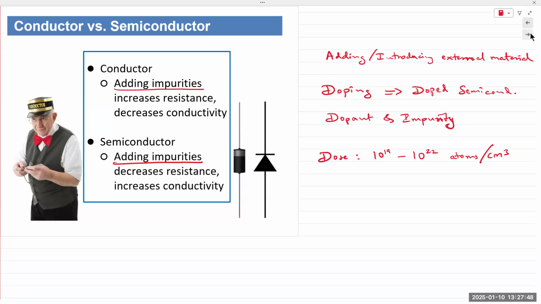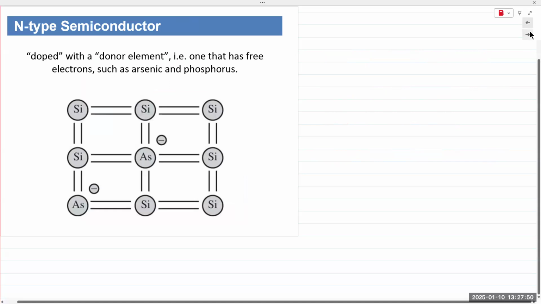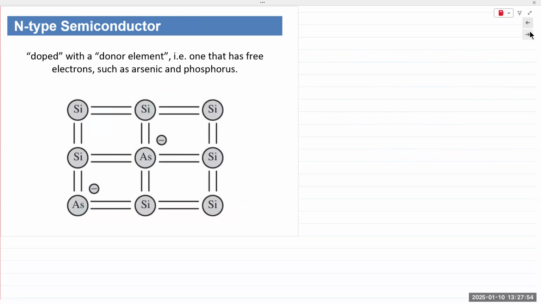Okay, so we are introducing external impurity dopants, right? Silicon has 4 atoms in its outermost shell. If you pick an element from column 5, it has 5 electrons in its outermost shell. Then 4 of those 5 electrons will bond with 4 silicon atoms.